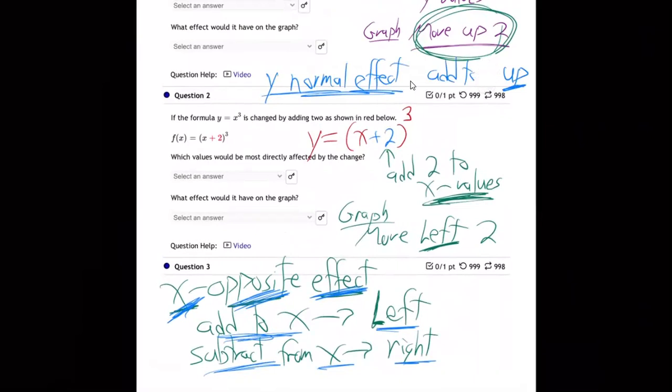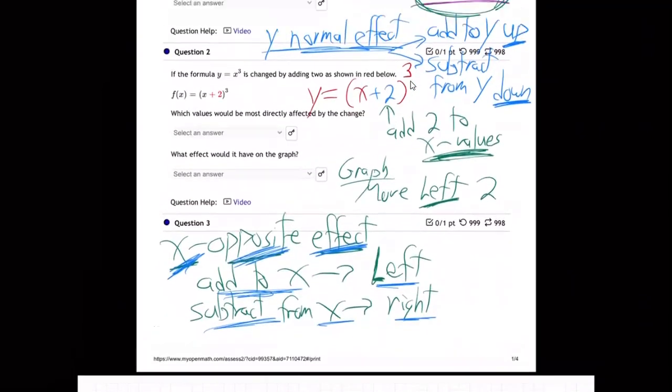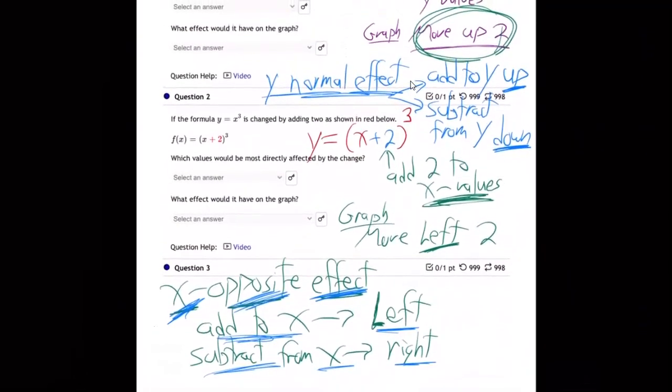If you add to y, the graph goes up. If you subtract from y, the graph goes down, like you would normally expect. So whatever you do with y has a normal effect. Whatever you do with x has an opposite effect because of what I just showed you. So there we go for 1 and 2.